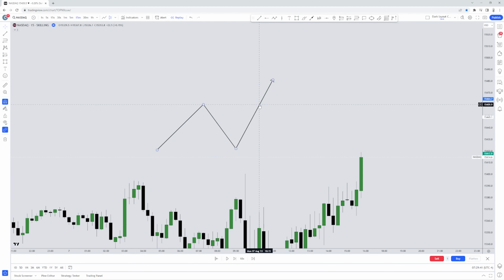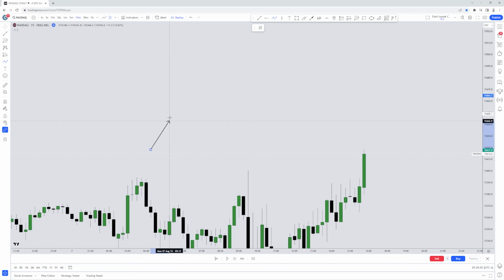let me fix it a little bit better because I want you to understand. This is even better. And let's say now that we break very impulsively with a huge body of a candlestick, and then another body right here.